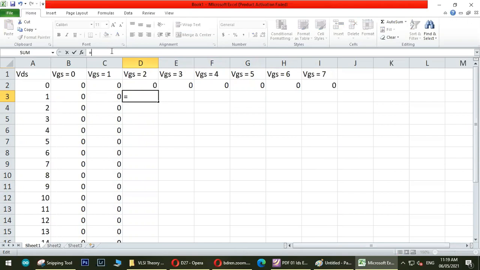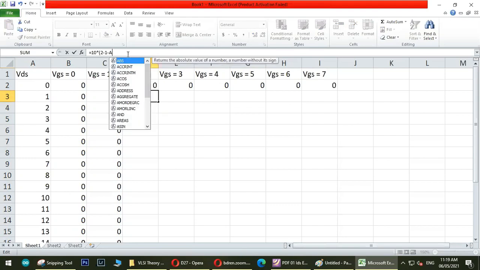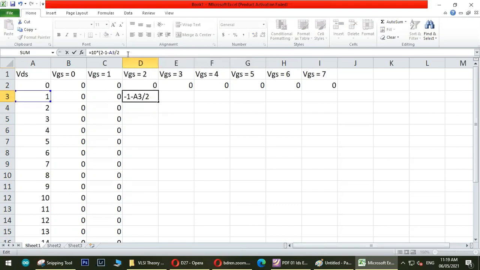This equation will be beta, but let's say beta is equal to 1, times VGS minus VT, where VGS is equal to 2, so 2 minus 1, minus VDS by 2, times VDS.